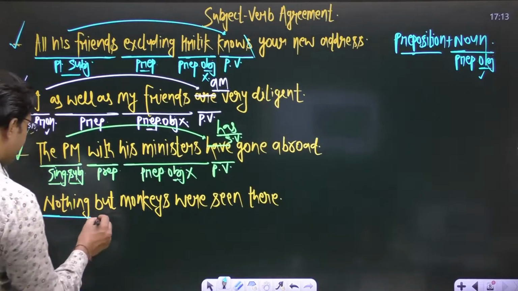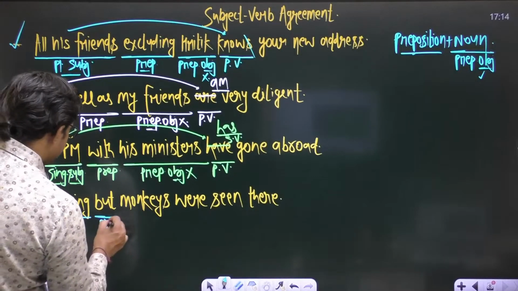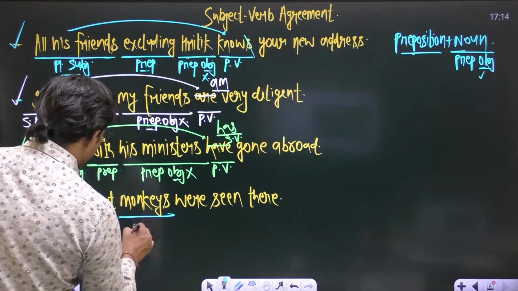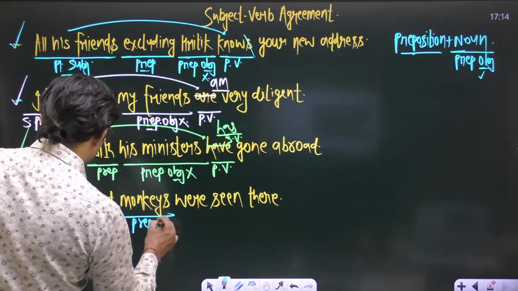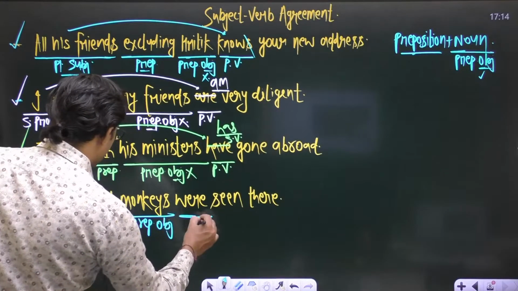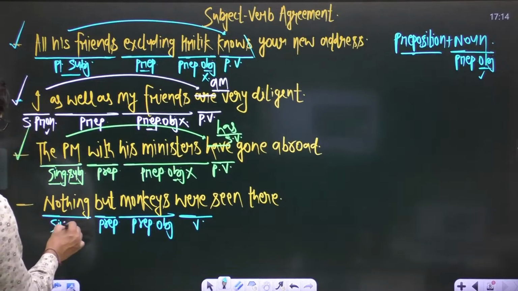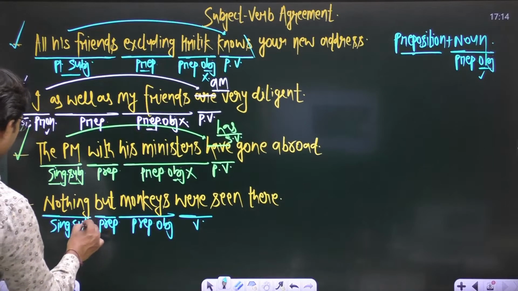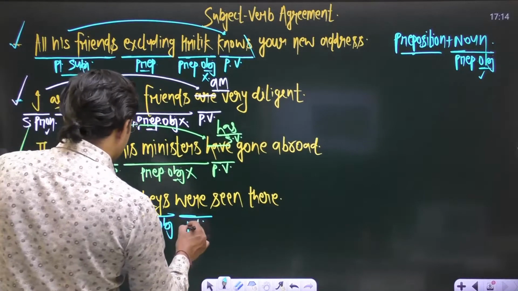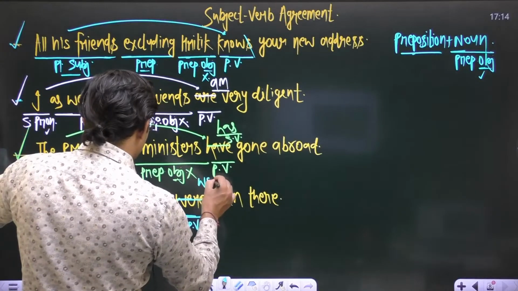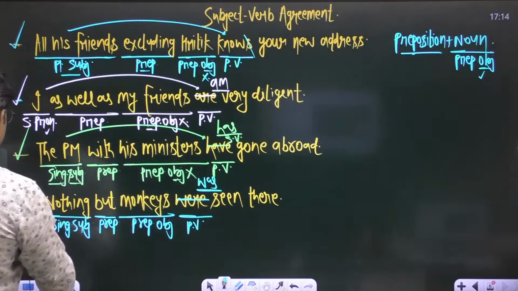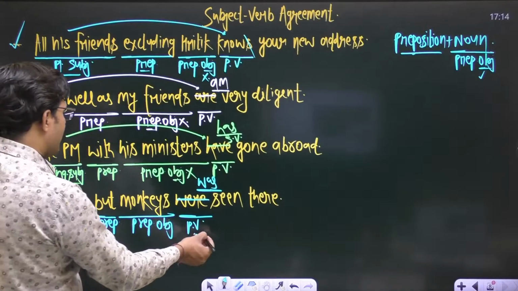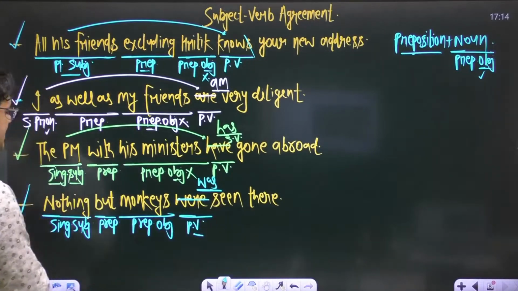The word nothing is a pronoun. But is what? But is a preposition, and after the preposition, this one is the prepositional object. Verb is used according to the subject. This one is a singular subject, singular pronoun. So the verb will also be singular. Replace were with was, right? If you just replace the plural verb were with the singular verb was, the sentence will be okay.